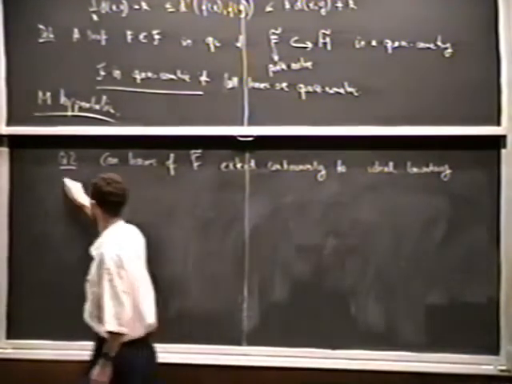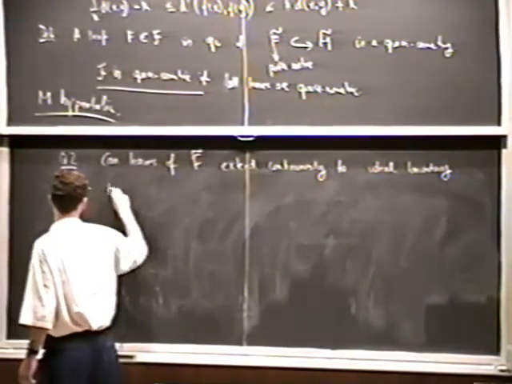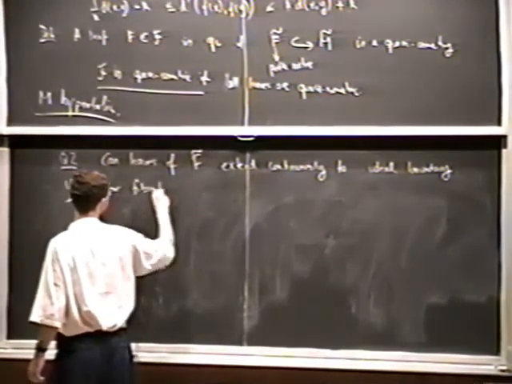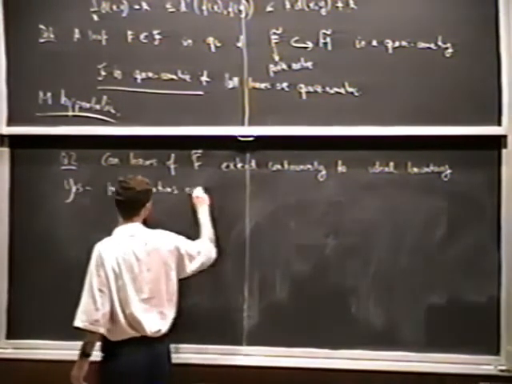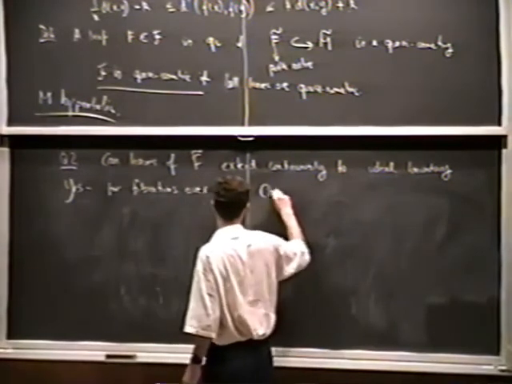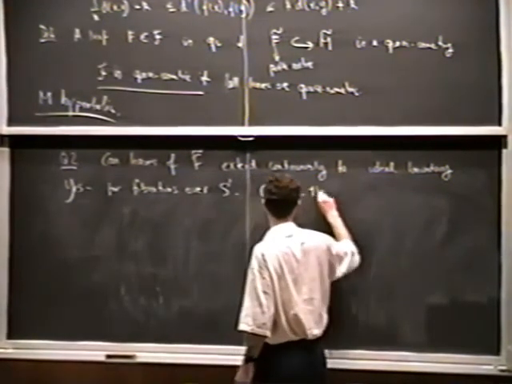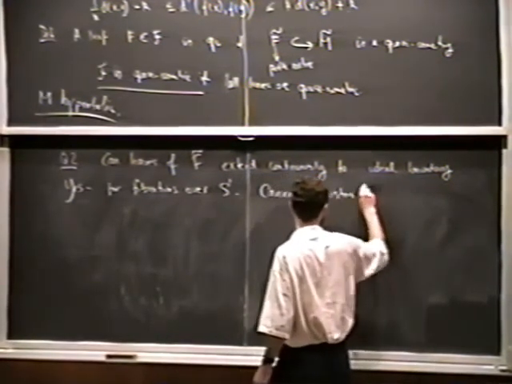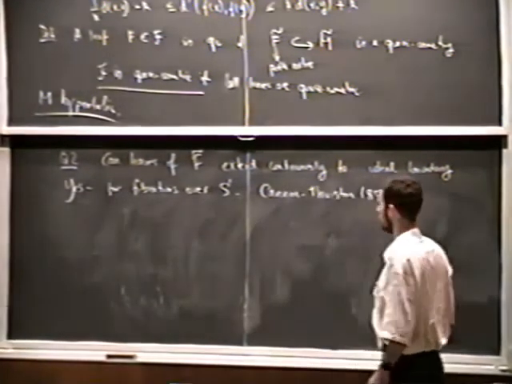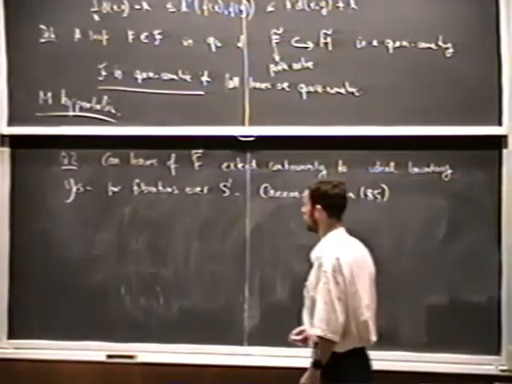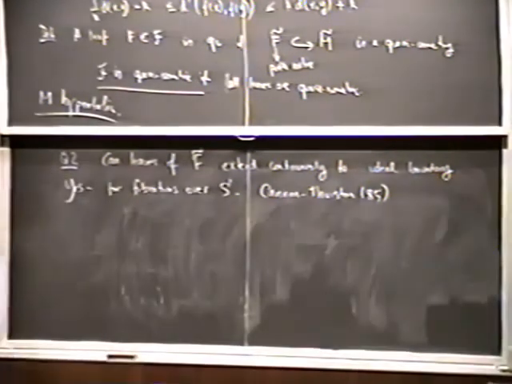And there's a yes answer for fibrations over the circle by Cannon and Thurston, around 85, where they show that when you lift to the universal cover, the leaves extend continuously.